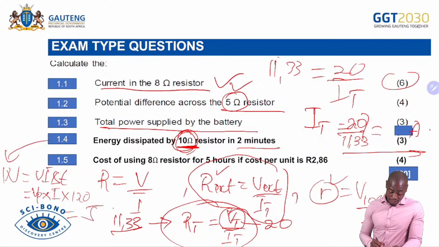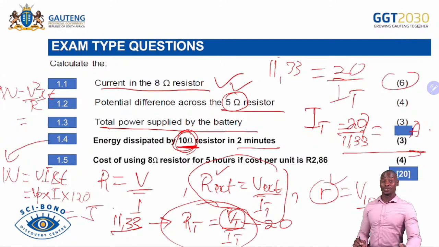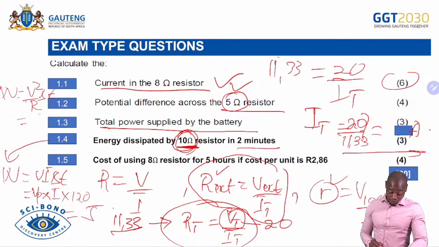Another equation, work done, that is energy, it will be V squared over R. Okay? So V squared change in T over R. And where are you getting these equations from? The formula sheet. So V squared, remember, we want energy dissipated by the 10 ohm resistor.